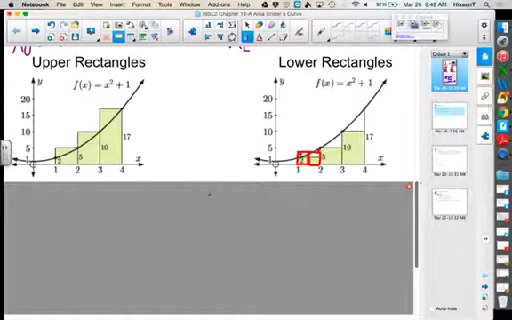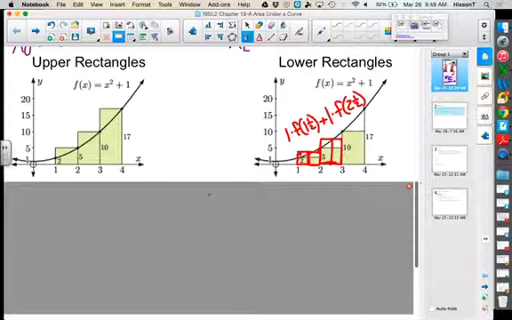There you're finding 1 times f of 1.5, plus 1 times f of 2.5, because that'll give me this rectangle.